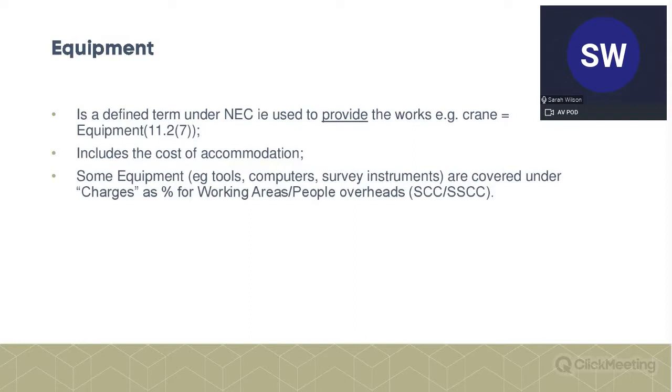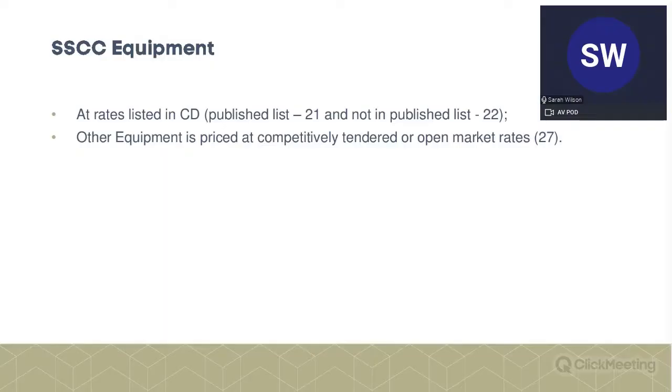As we've already said, it includes the cost of accommodation, site cabins, and lots of other things, particularly the things within the site cabins, but also small tools, etc., covered under charges, where we have a percentage for what's called the working areas or the people overheads. A little bit confusing, but if you see that percentage, that's what it's about.